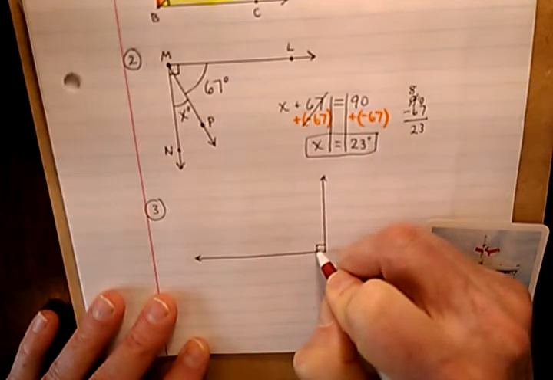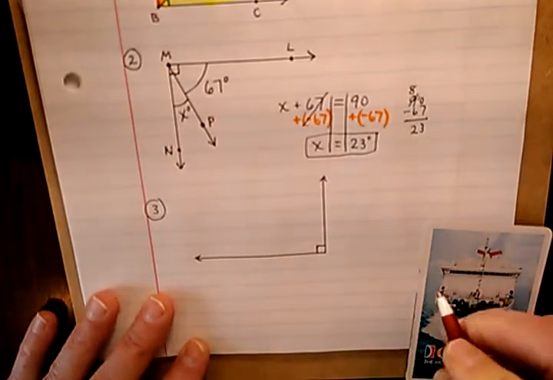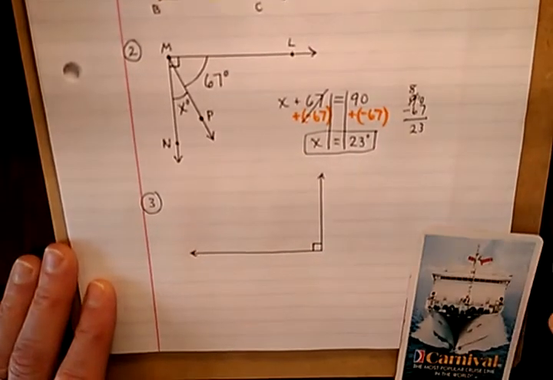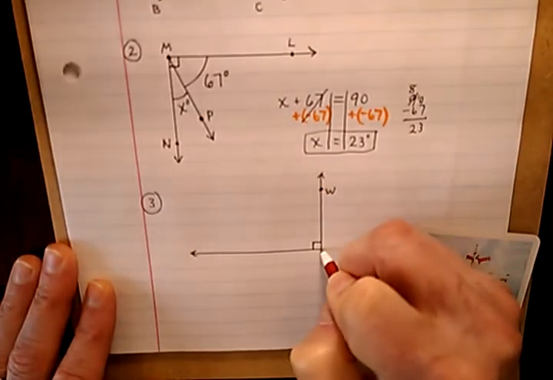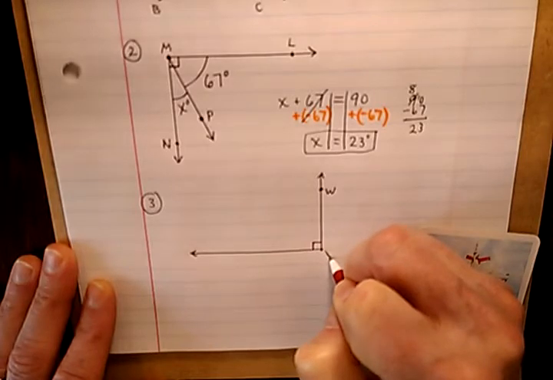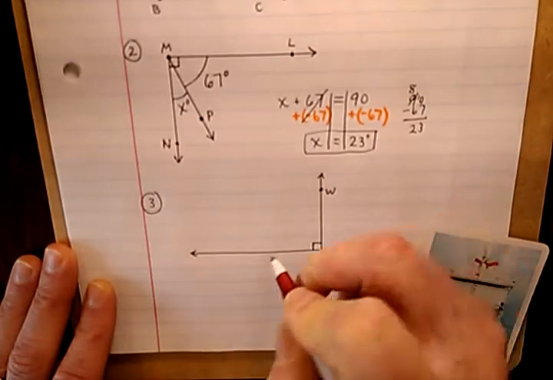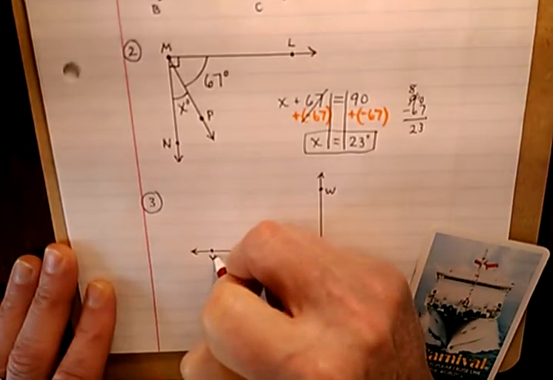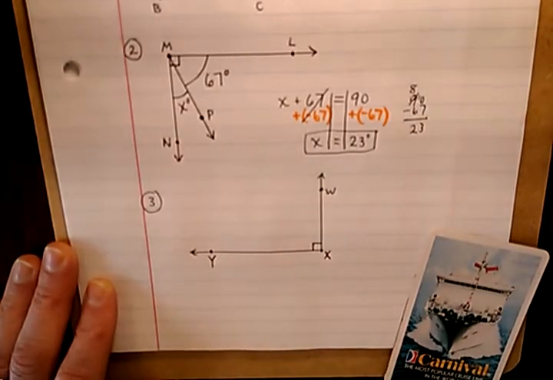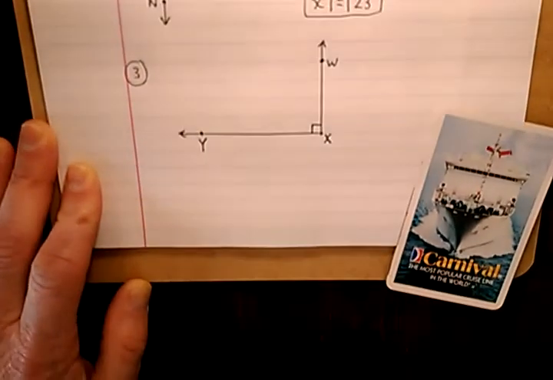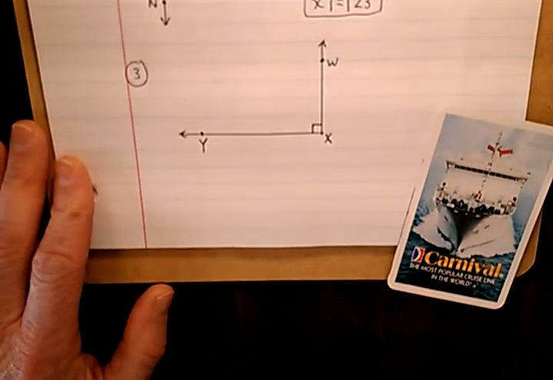So we put our box in the corner to show that it's 90 degrees. W, X, Y.